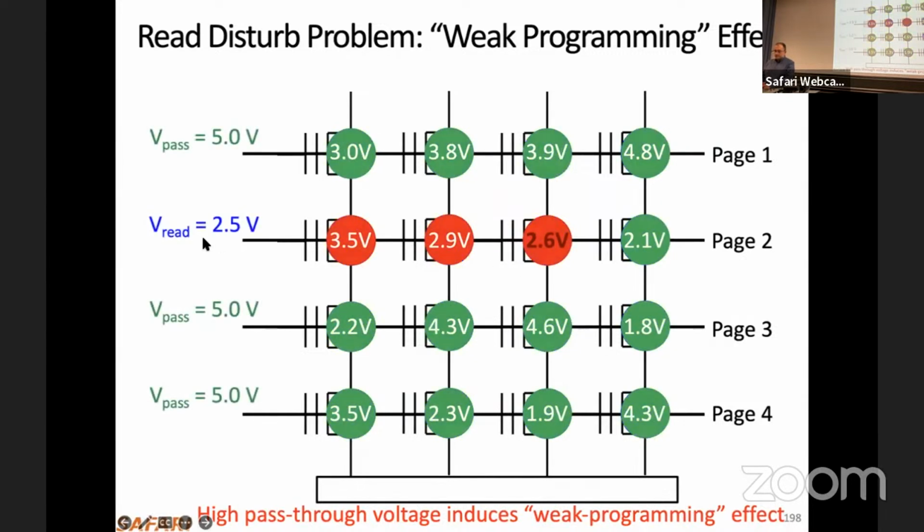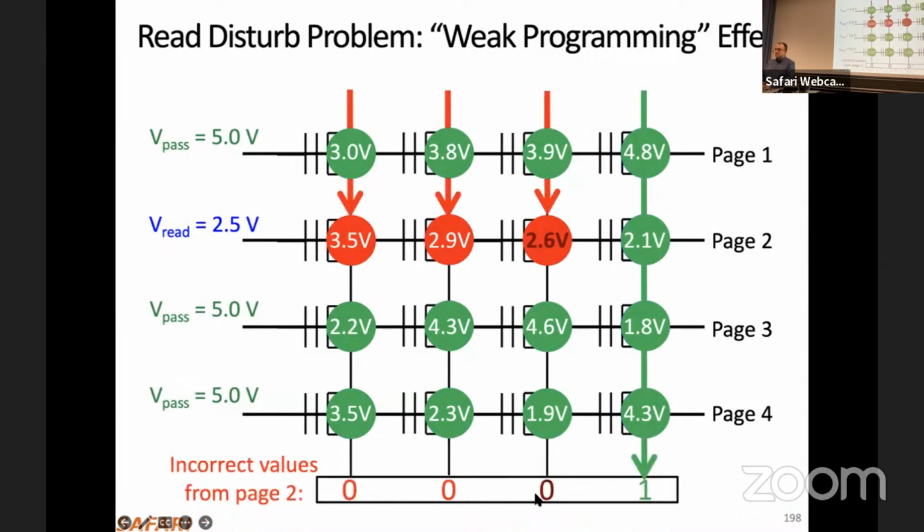Now you want to read, so you apply the reference voltage. And since the threshold voltage of this cell has been increased a little bit, now it works as an open switch, and you read 0, which is wrong. So that's the problem of weak programming that causes you to read incorrectly.